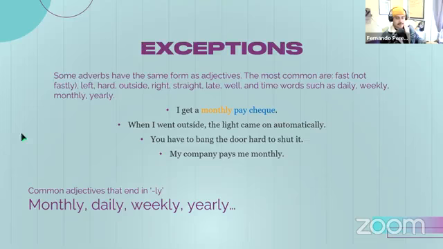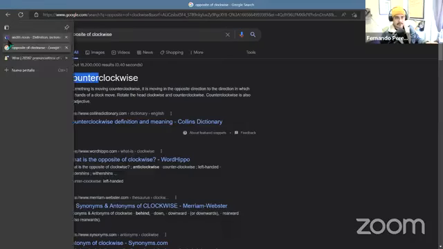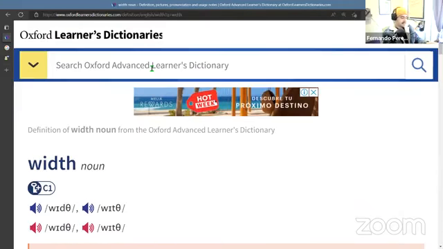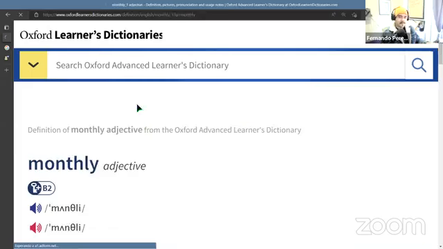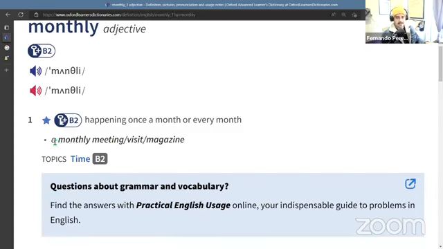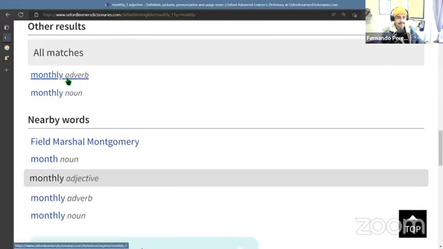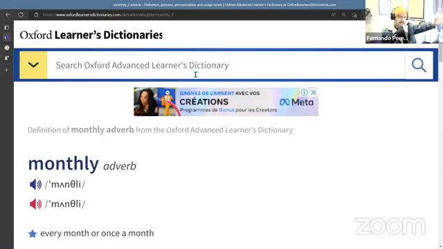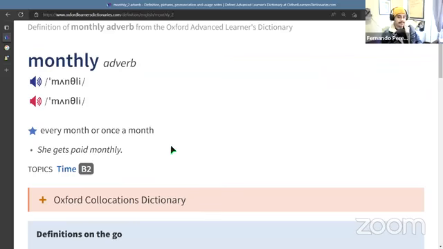If you search monthly in the dictionary, you get the adjective and you get examples where you are describing a noun, but it exists as an adverb too. The adverb, as Connie says, is the one that describes frequency, right?